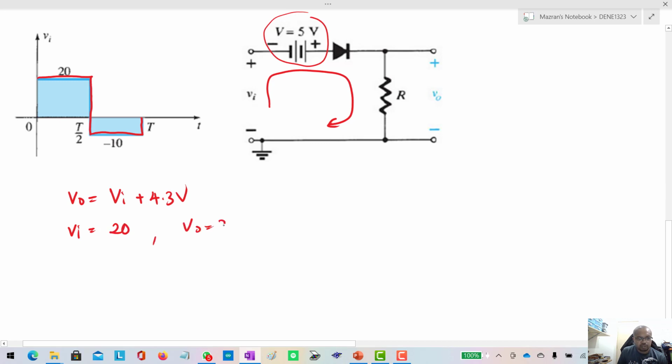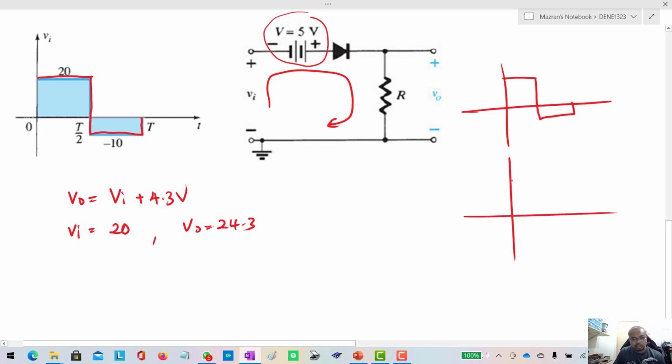V out equals 24.3. So the graph will follow the input. The pattern is following the same, 24.3 volts.